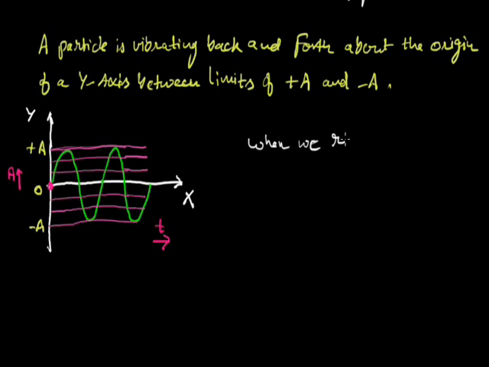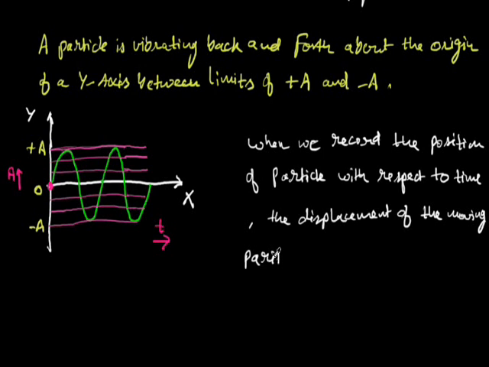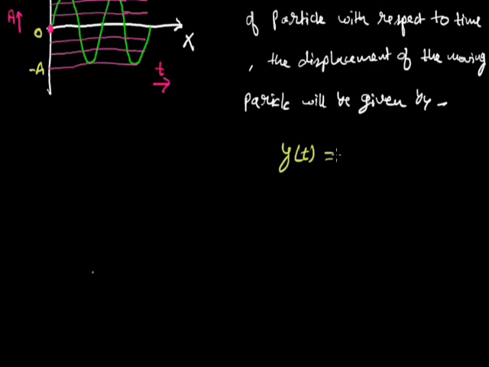So when we record the position of the particle with respect to time, the displacement of the moving particle will be given by the expression y, which is a function of time, equals a sin omega t, where a is the maximum amplitude and omega is the angular frequency for the oscillatory motion of that particle.